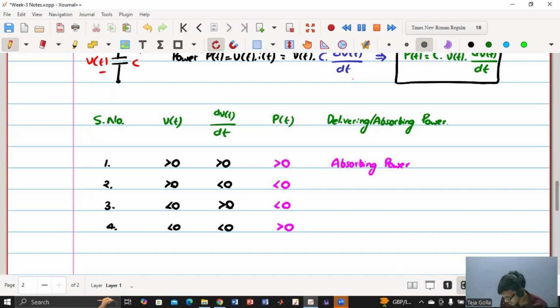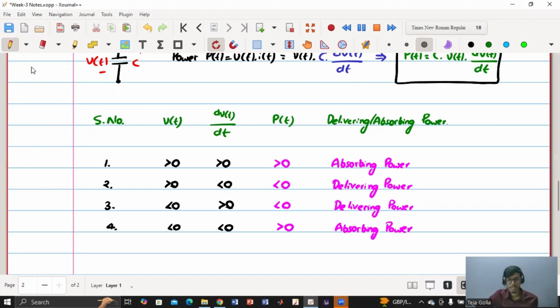If power is less than zero, it is delivering power. Similarly, if again it is negative, it is delivering power, and if it is greater than zero, it is absorbing power. So we got four scenarios, and out of those four, in two cases it is delivering and in the other two it is absorbing.